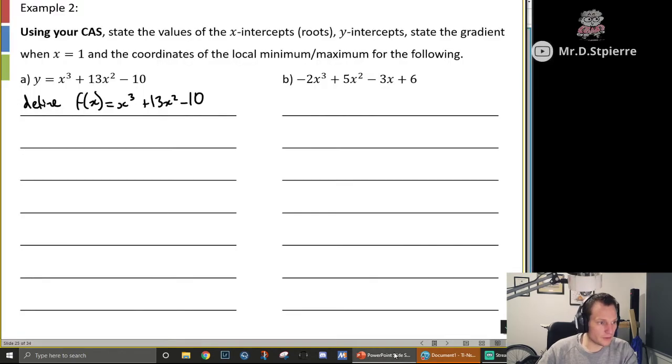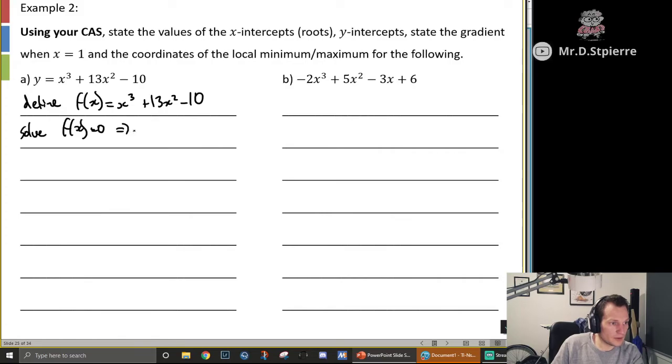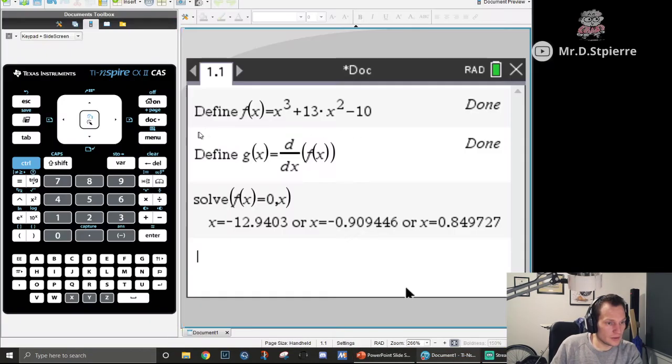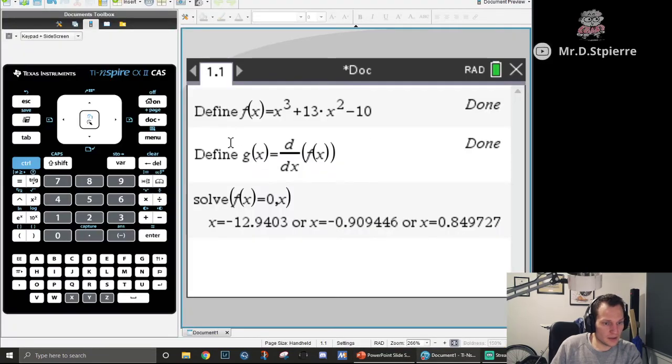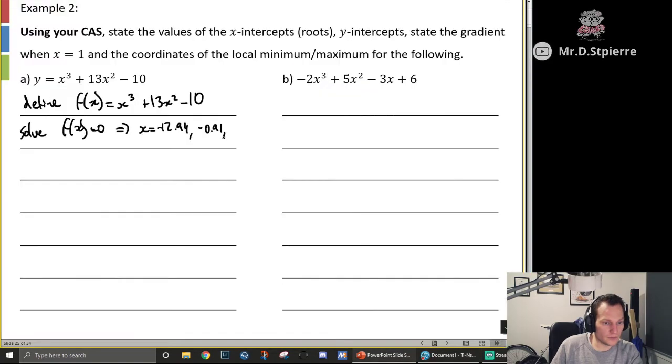So what we did was solve f of x equal to 0, and we got x is equal to negative 12.94, negative 0.91, and 0.85.